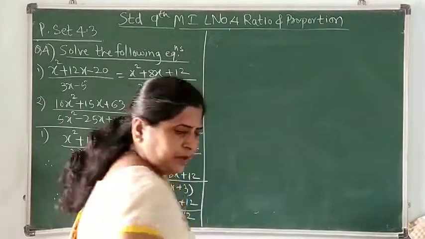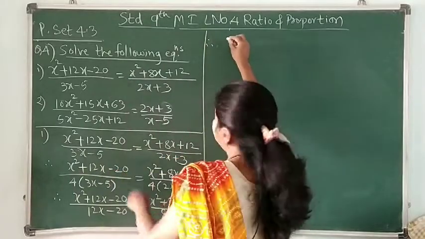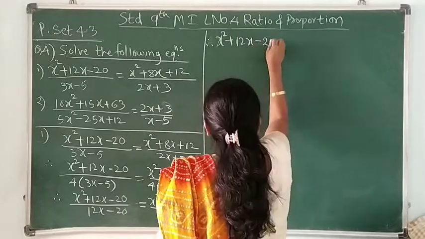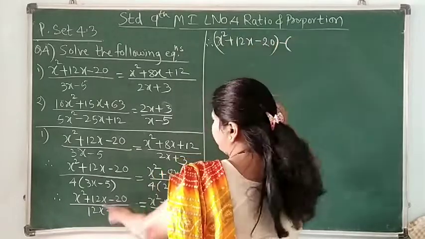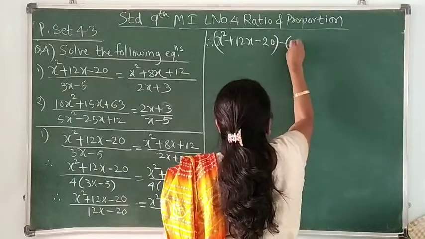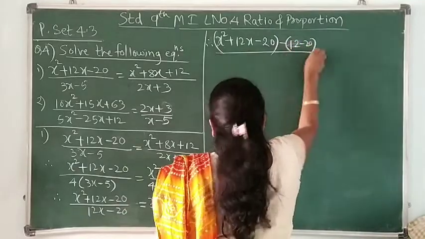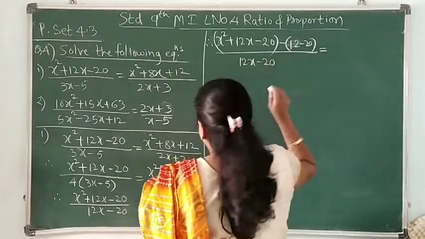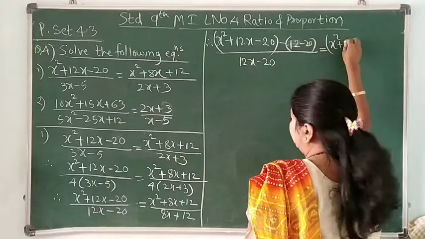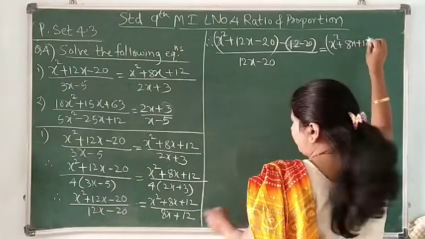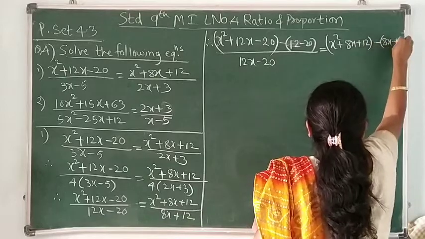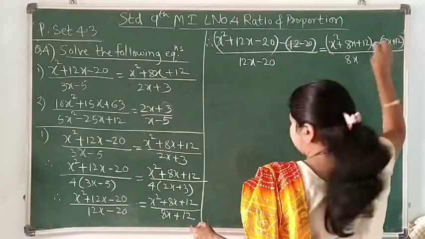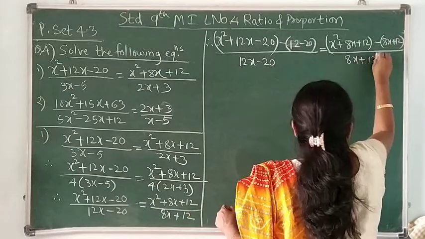By dividendo, we write the first numerator x square plus 12x minus 20, and from this we subtract the denominator 12x minus 20, upon the denominator 12x minus 20, is equal to the right side x square plus 8x plus 12, and from that subtract 8x plus 12, upon 8x plus 12.